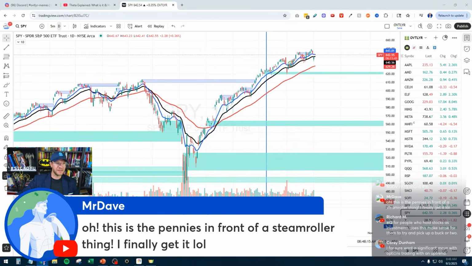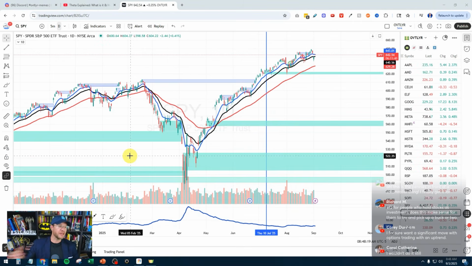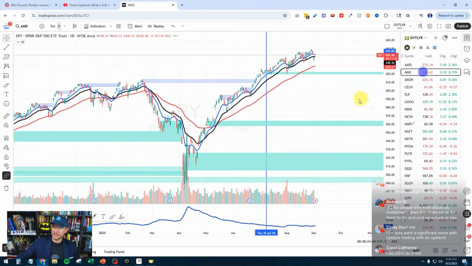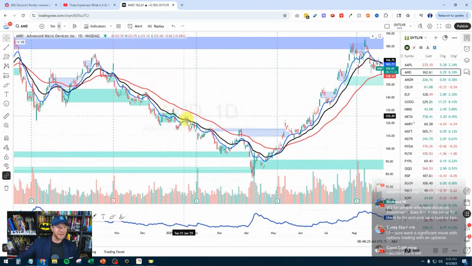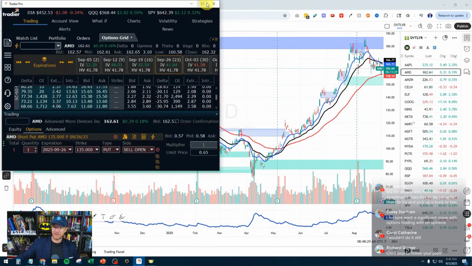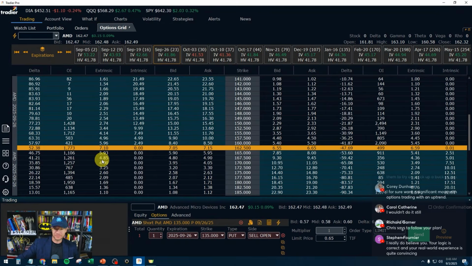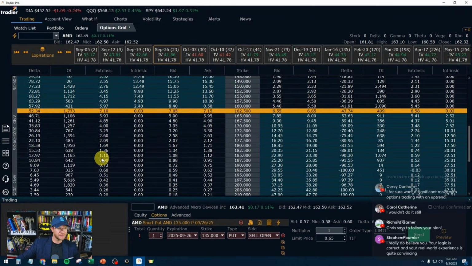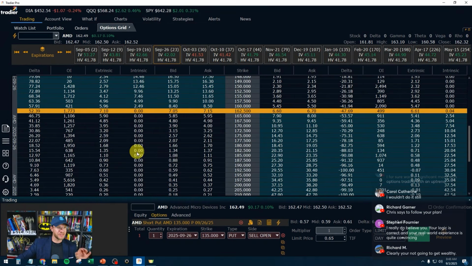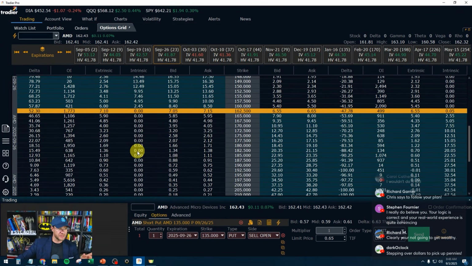This is the pennies in front of a steamroller thing. Exactly. Making 3 cents a day in the face of a downtrend moving against you. And let's get really nerdy for a moment, where your extrinsic value is decaying minute by minute, day by day, but your intrinsic value is working against you tremendously.